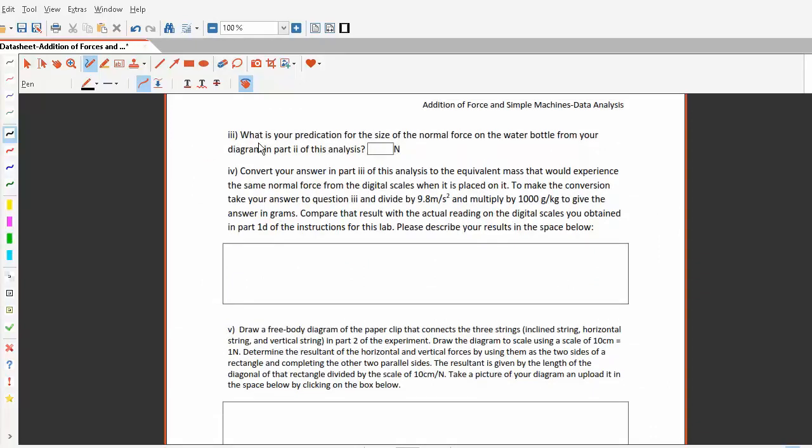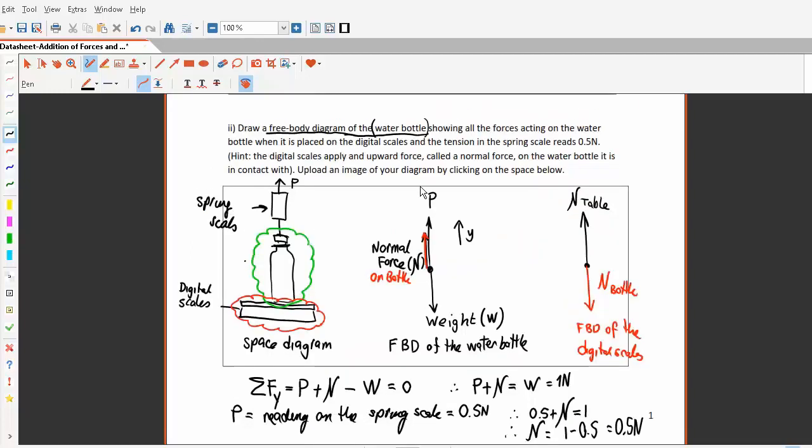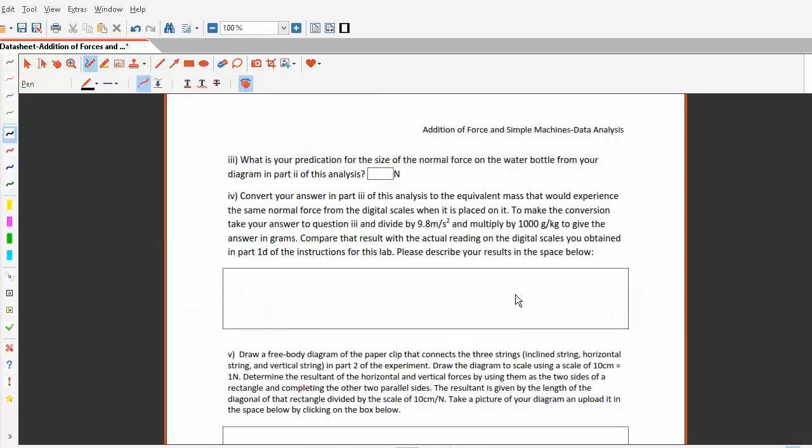In question 3, we have to enter in our prediction for the size of the normal force on the water bottle from the diagram in part 2 of this analysis, which is the free body diagram. So our result was 0.5.